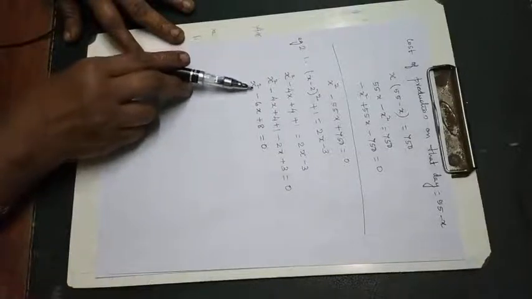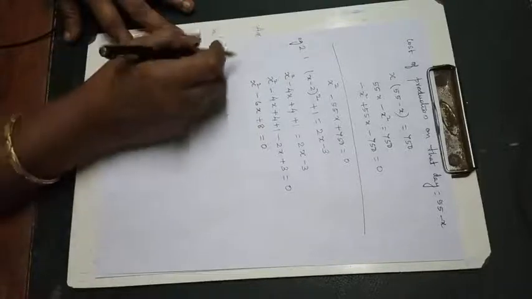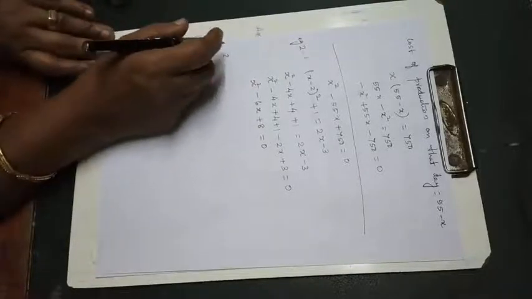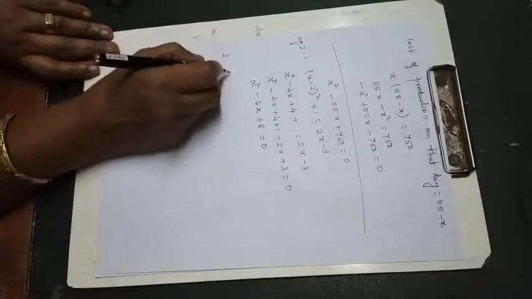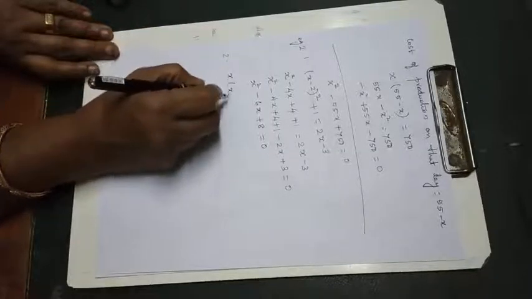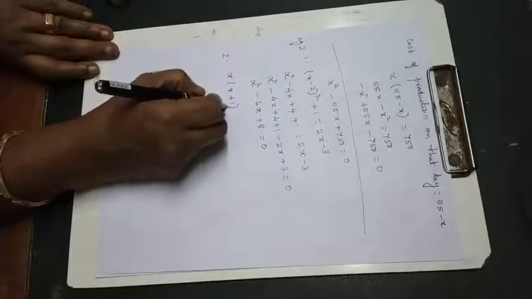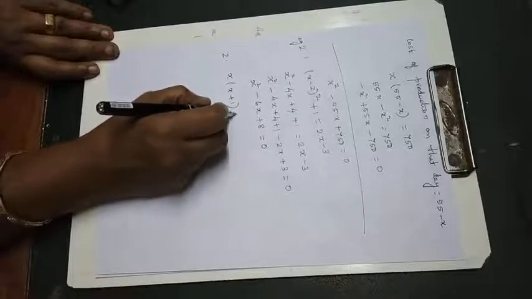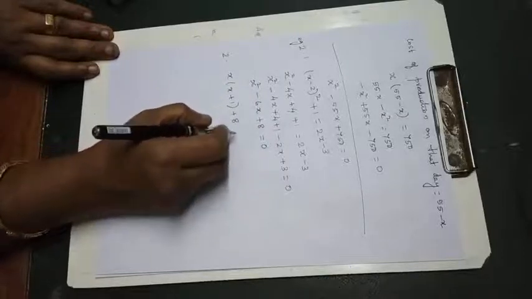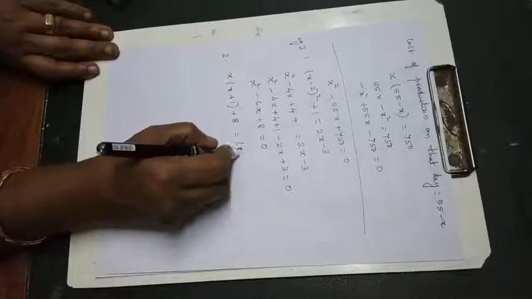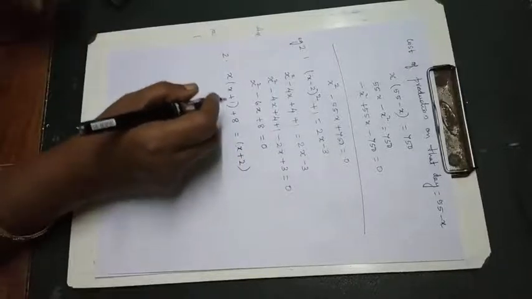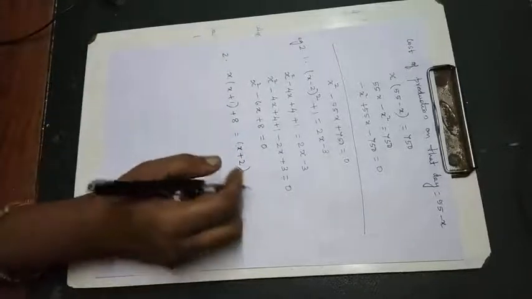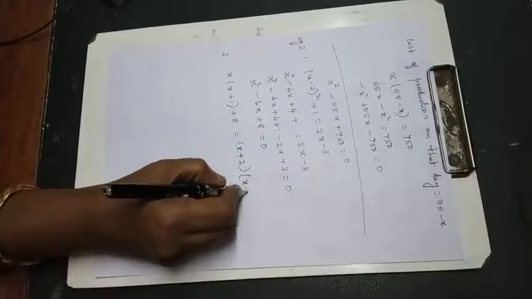So x square term is there. So second one, x into x plus 1 plus 8 equal to x plus 2 into x minus 2.